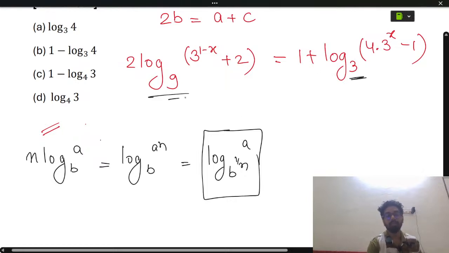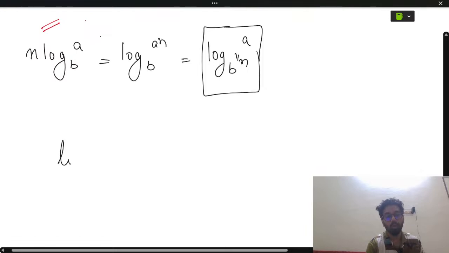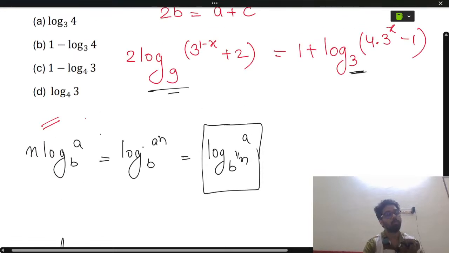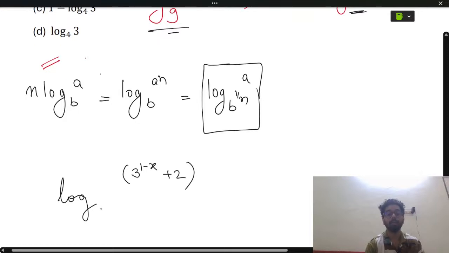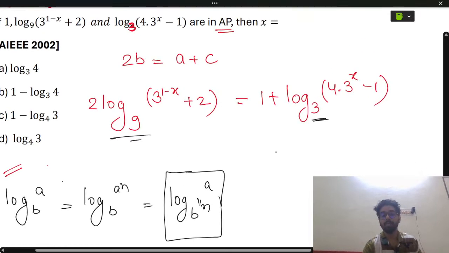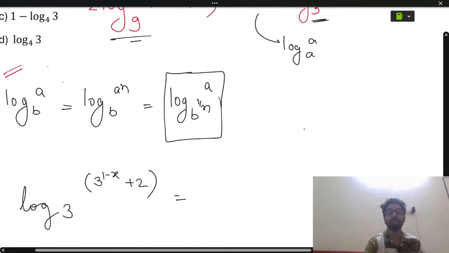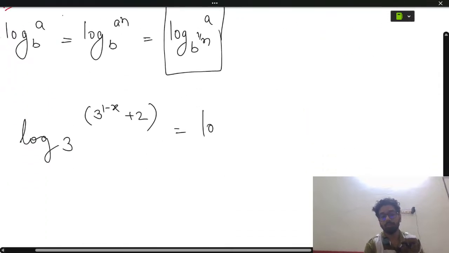So I can write down this term as log 3 power 1 minus x plus 2, and this becomes 9 to the power 1 by 2 is 3 is equal. Next property I will use over here, that 1 can be written as log a to the base a, or in our case I will take log 3 to the base 3, log 3 to the base 3 plus.